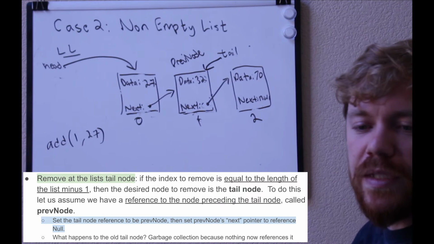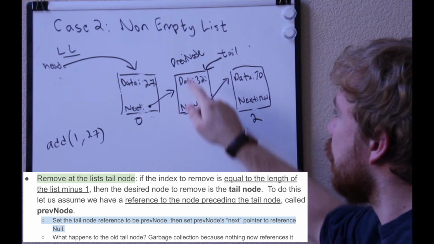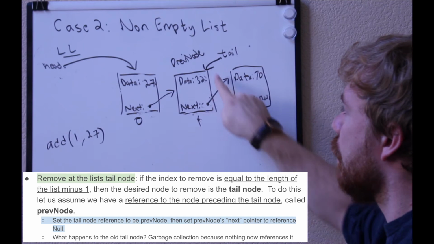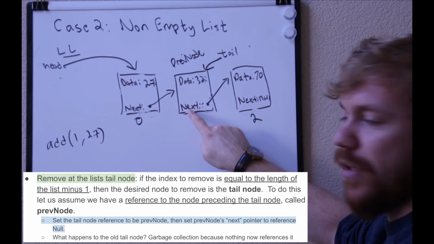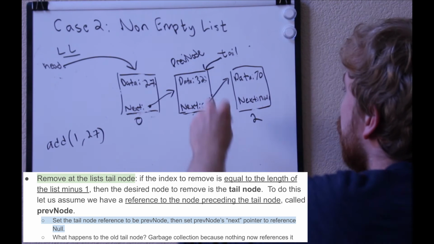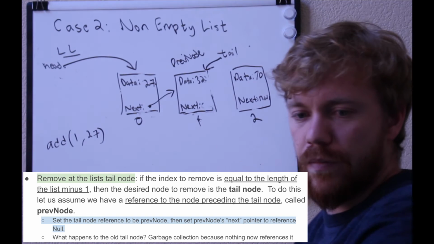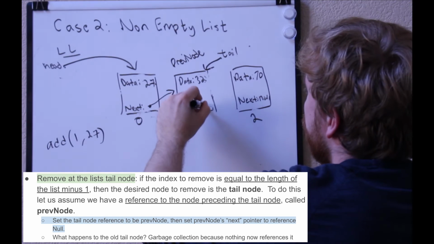And then what do we do? We set the previous node's next reference. So here's our previous node, that's this guy. The next variable to reference null. Okay, so we get rid of this reference, and we'll just put null here.